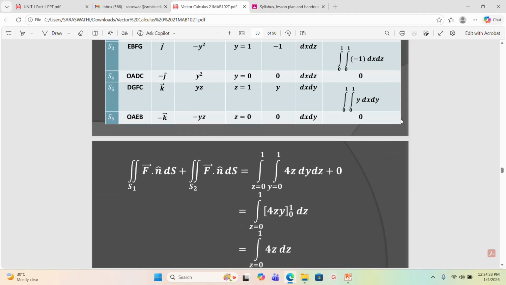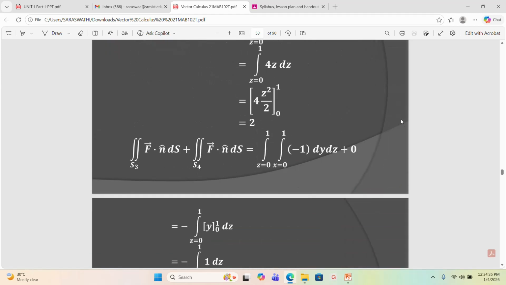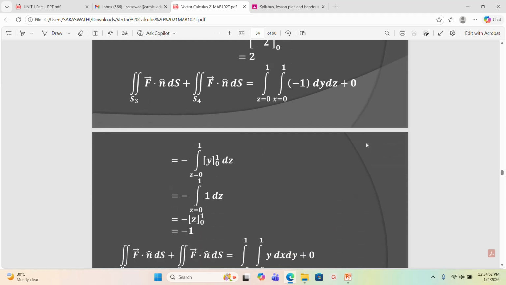So for the xz plane, integral dx is equal to x, with limits from 0 to 1, which is 1 only, and minus 1 is the constant. Again, integral dz is equal to z, with z limits from 0 to 1. So 1 minus 0 gives minus 1.